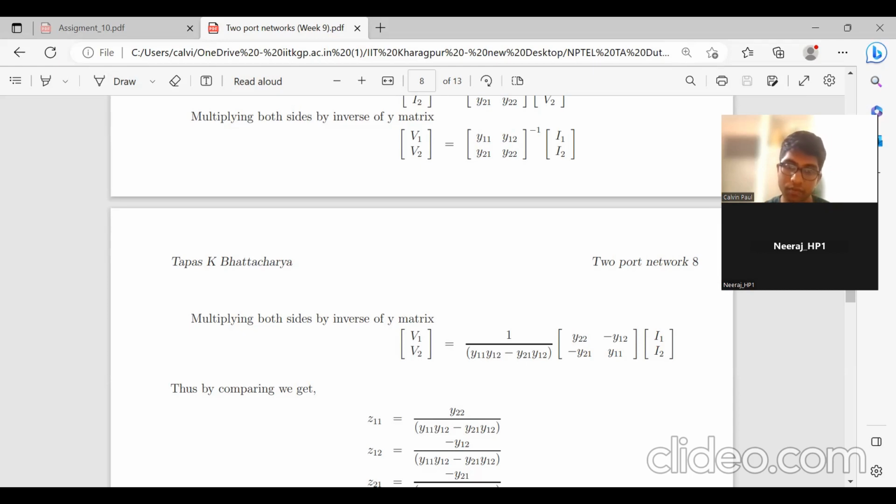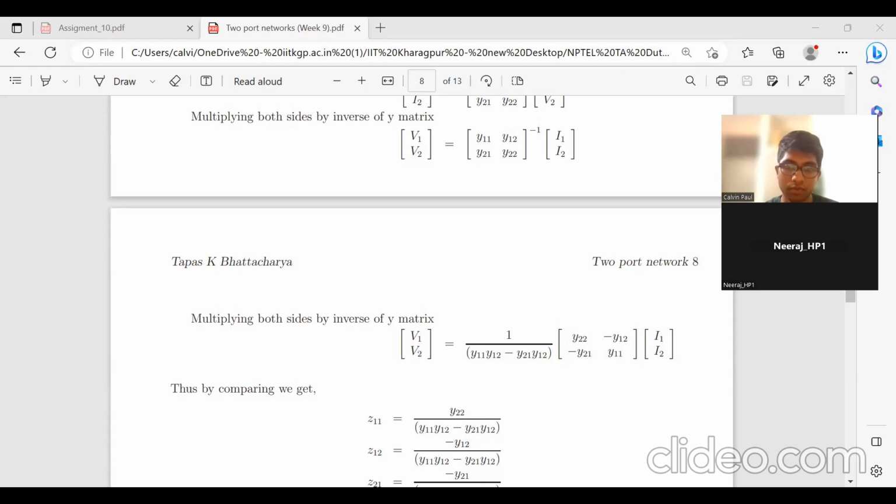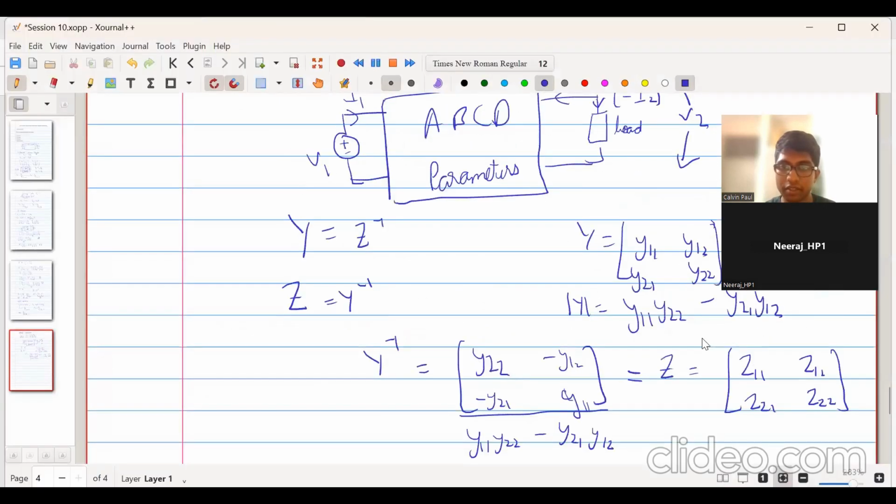So now we will see. Okay, you're able to see that screen, right?